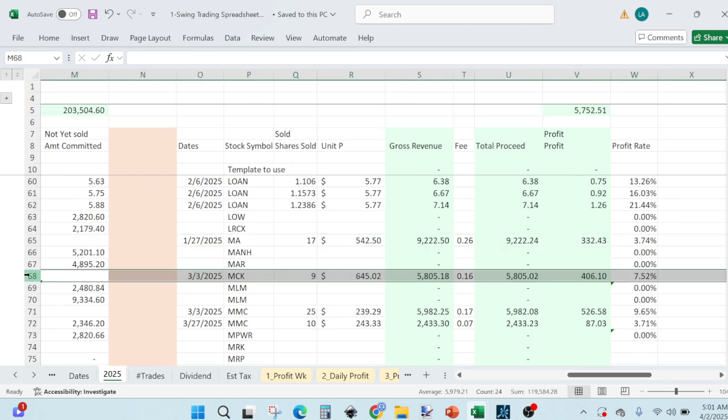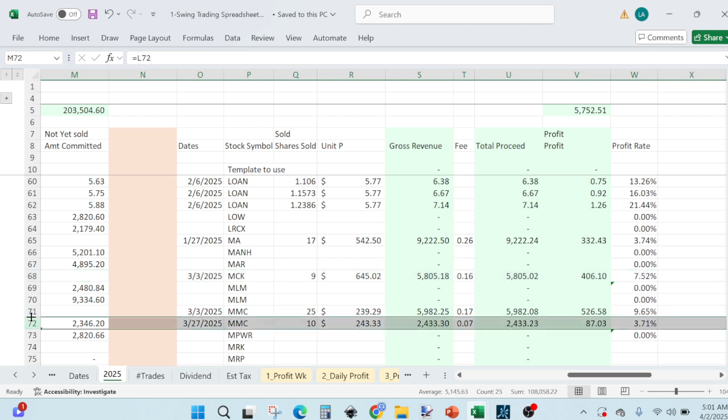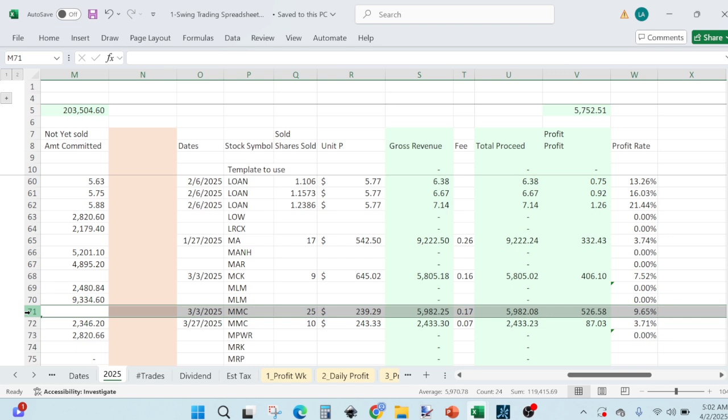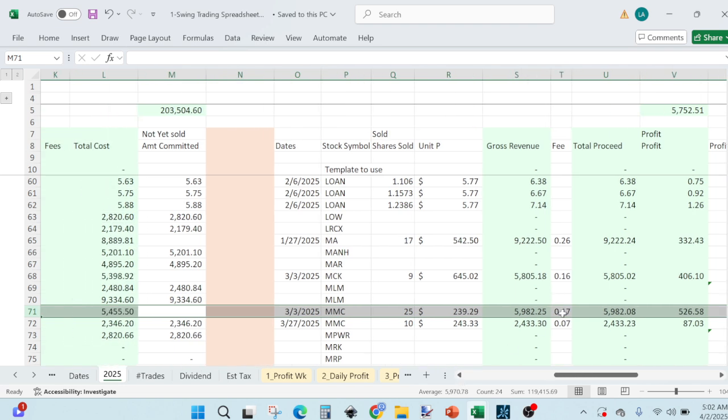So if you look at a few trades in March, the one that I selected right now, we have 7.52% return on it. The next one, we have 3.71% on that, but before it we have 9.65% return, and the return is calculated simply by taking the profit divided by how much we paid for it minus the fee when we sold it.